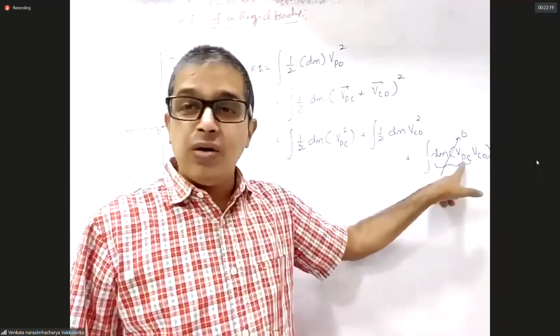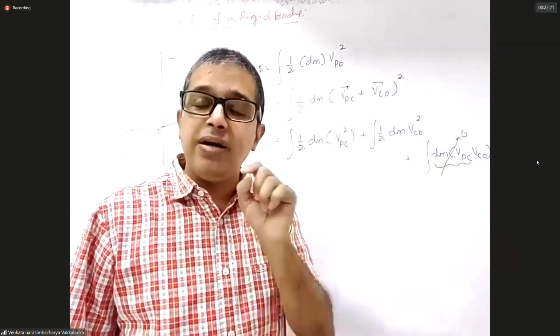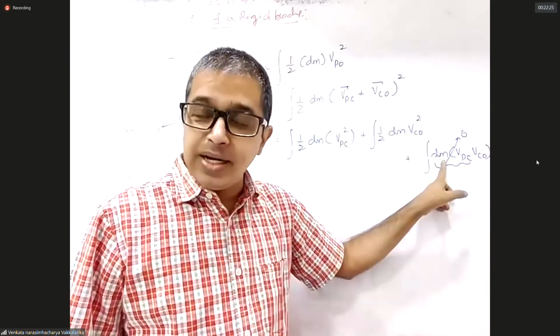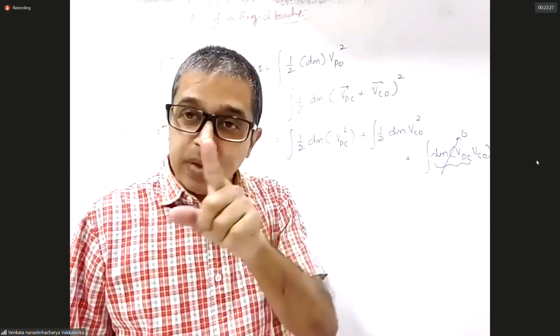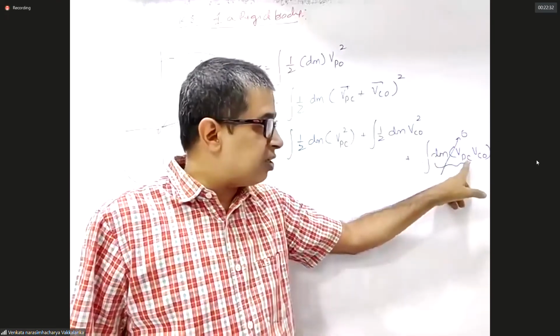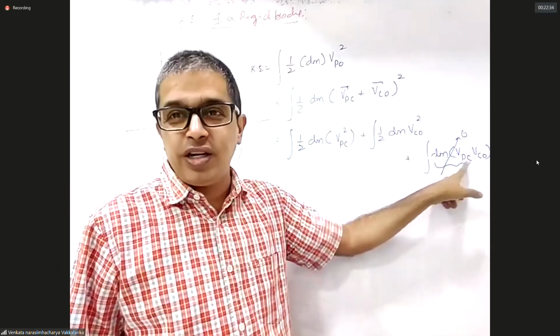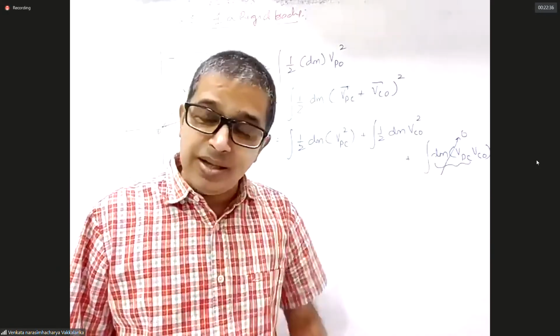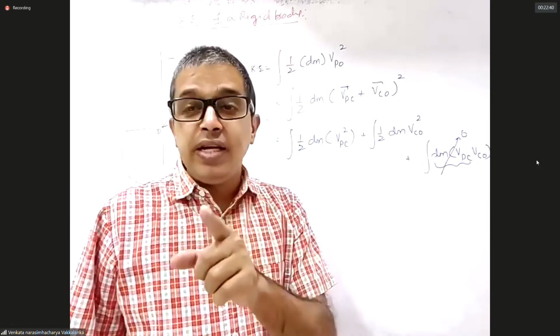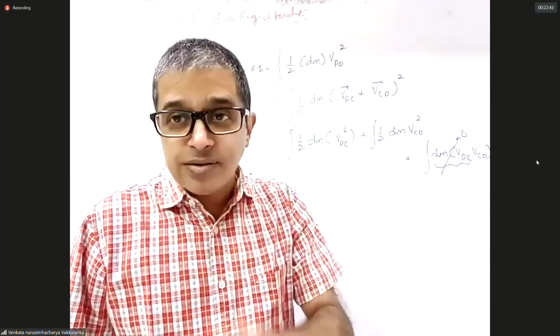The vector summation of momentum of all the particles in the center of mass frame will be zero. dm into the velocity of the point P with respect to center of mass, this integration will be zero, and this privilege is there only for the center of mass.